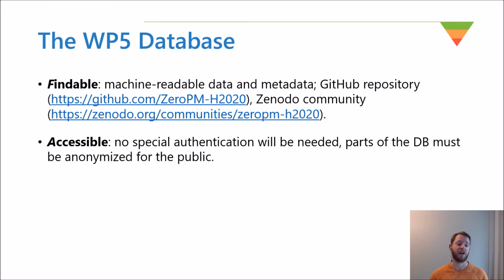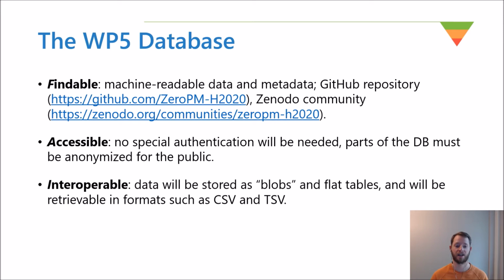The A in FAIR stands for accessible. And that means that in the case of the ZeroPM database, no special authentication will be needed. But as I stated earlier, parts of the database must be anonymized for the public. In terms of accessibility, there is one but that I need to mention, and that's that we will safeguard against too many queries per second attacks.